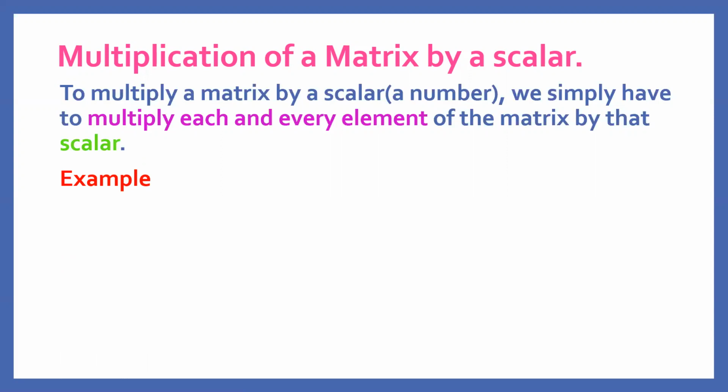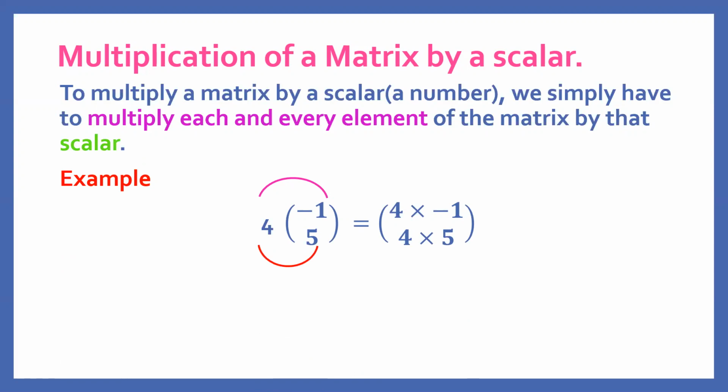Let us consider this example. I have 4 times the column matrix minus 1, 5. This means that I will have to multiply each element in the matrix by 4. So I have 4 times negative 1 and 4 times 5, which will give me minus 4 and 20.